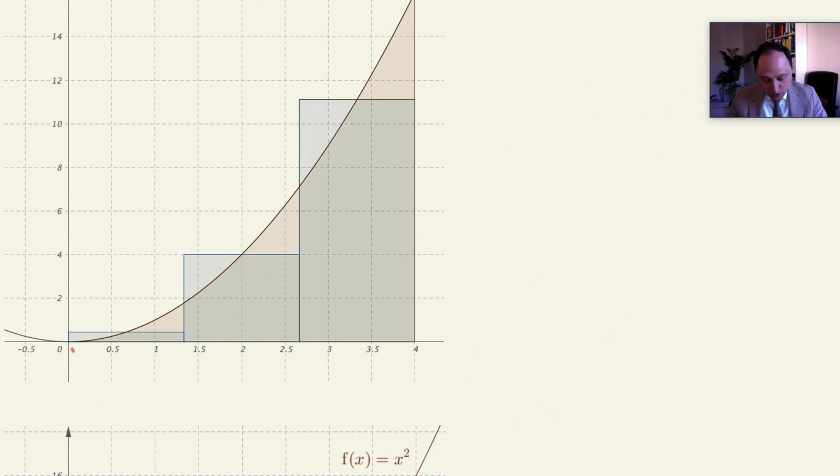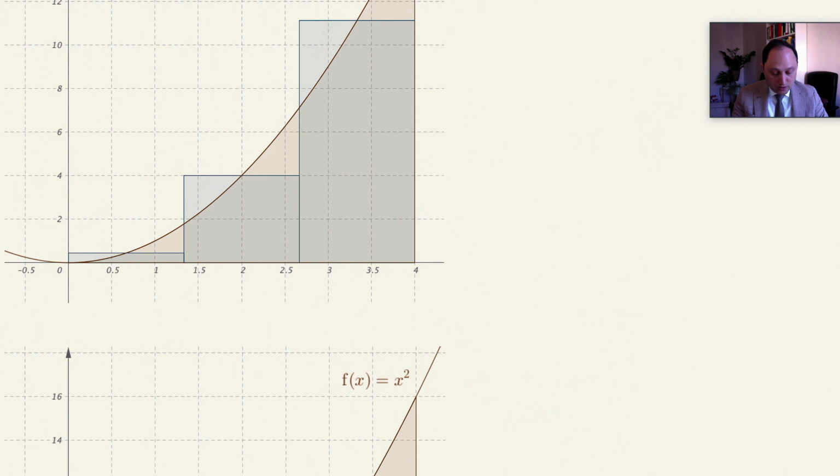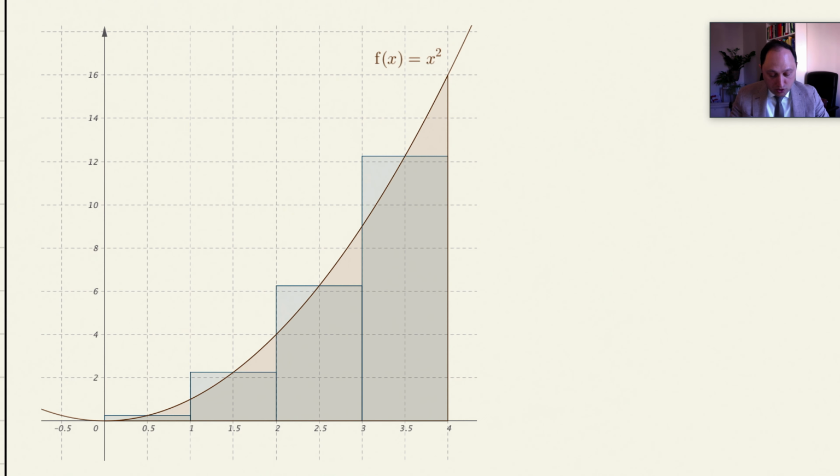Now I am dividing my interval into 3 subintervals, so the whole length, which is 4, I have to divide by 3. So this number we have to calculate, and the midpoint I have to calculate. I will come back to it, not because it's very different, but because the calculation is a little bit messy. I don't want to distract you right now.